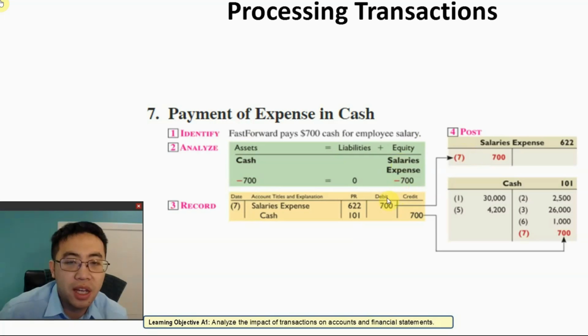When it increases, that's a debit. And when cash, an asset, decreases, that's a credit. So you will see that salary expense is recorded as a debit, and the cash here gets a credit. So basically, you spend cash to pay salary.